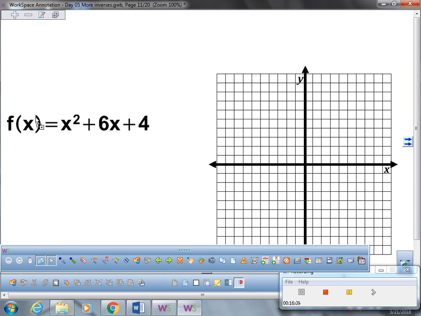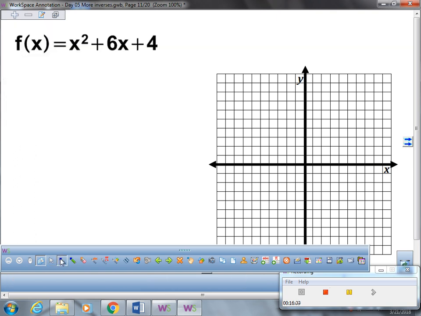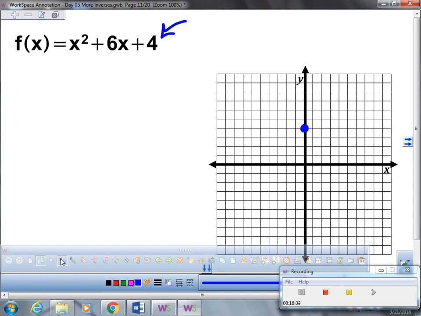That's much better. Okay, so I already know the Y-intercept. It's right here, 0, 4. All right, I've got an even number there. I like even numbers in that spot. Why? Because I can split it and square it to make a perfect square.